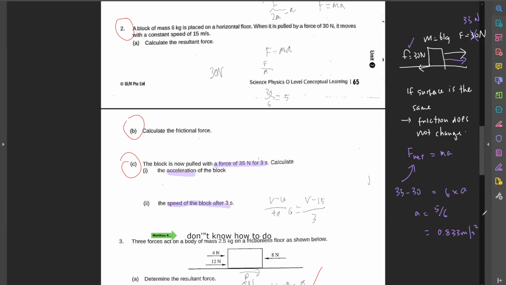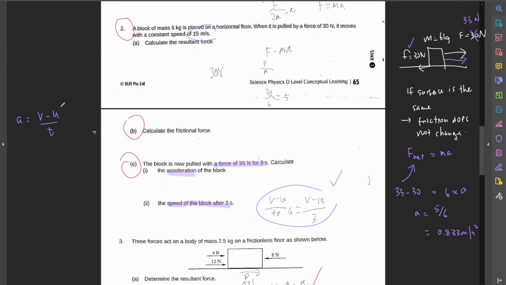Okay. The acceleration is this. Right. You wrote this here. This is all right. Then it was at 15 meters per second, and then now the force increased.